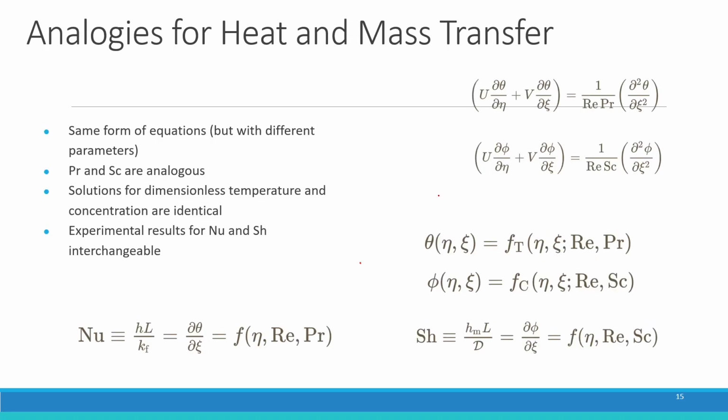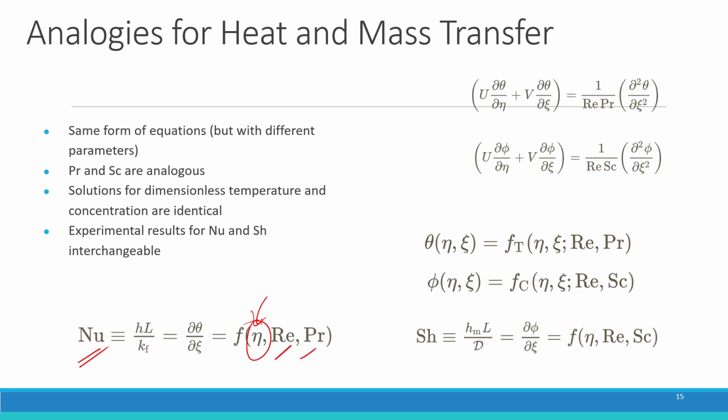Then there are these few analogies between mass and heat transfer. That is how both the transfer processes are similar, or how you can use the correlations. So one thing to keep in mind is the Nusselt's number that is used to calculate the transfer coefficient, either the heat transfer coefficient or mass transfer coefficient, will be a function of the geometry parameter, that is x by L, then Reynolds number and Prandtl number.